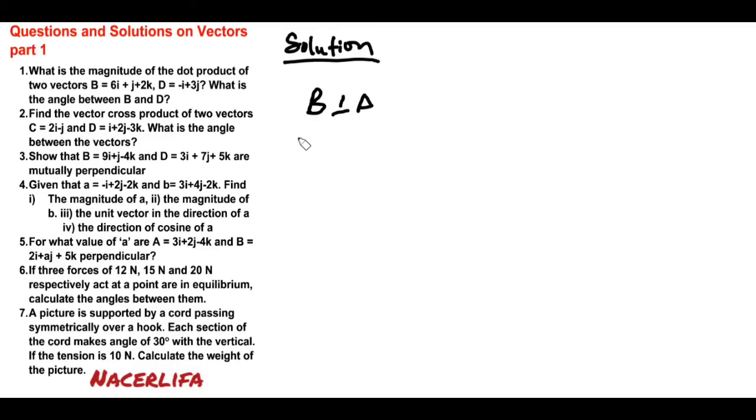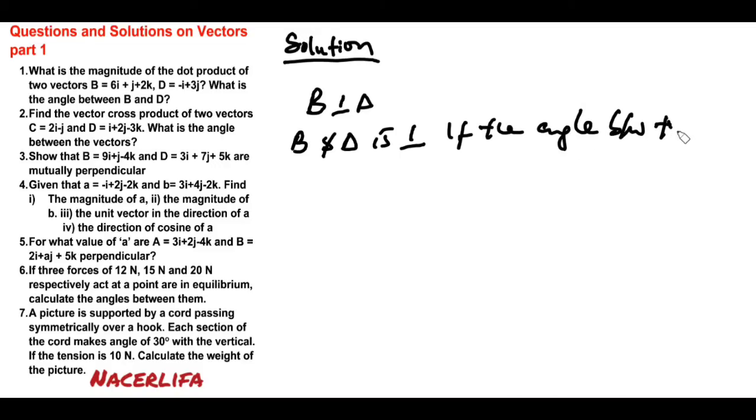We notice that B and D are perpendicular if the angle between them is 90 degrees. So if we say A dot B equals modulus of A, modulus of B, cos 90 degrees, we notice that this is 0.